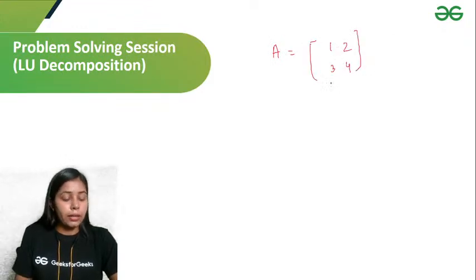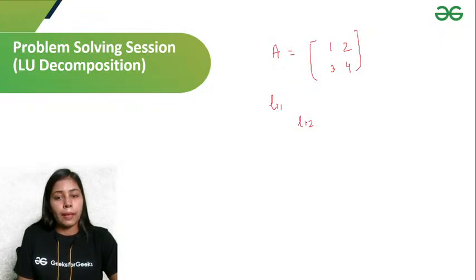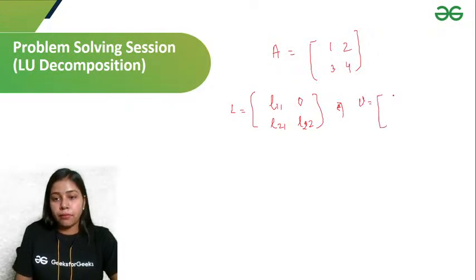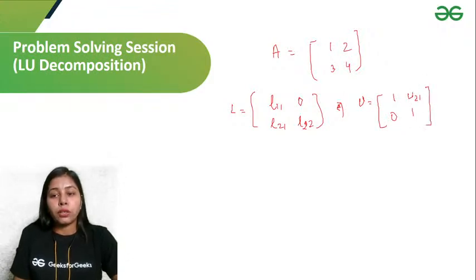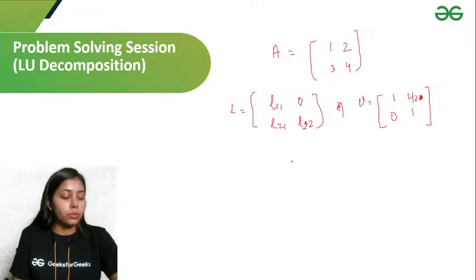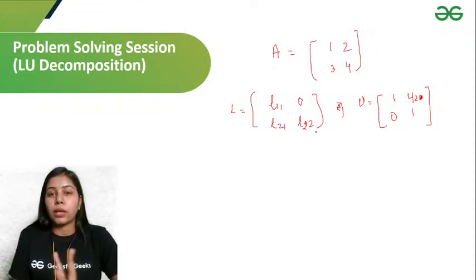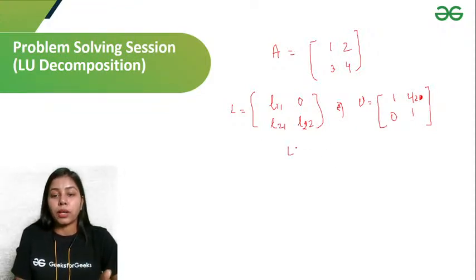I'll write L as L11, 0, L21, L22, and take U as 1 U12, 0 U22. This is an upper triangular matrix and this is a lower triangular matrix. Now I'll take the product and find LU.